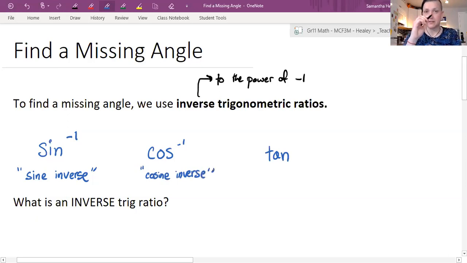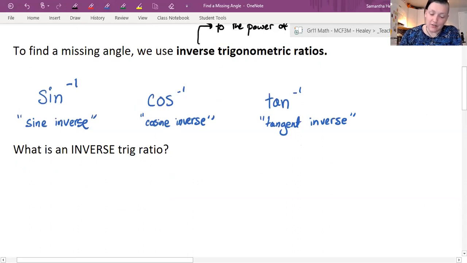You write it as COS to the power of -1. Same with tangent, tan to the power of -1. We read that out loud as tangent inverse, although I'm lazy, so I might say tan inverse by mistake, because I do that a lot. So the question is, what does that even mean?